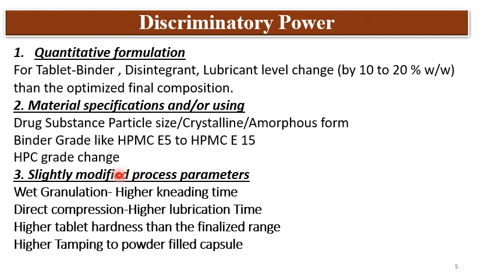Slightly modified process parameters means, for example, in wet granulation, higher kneading time, higher solvent uptake. For direct compression, it will be higher lubrication time, higher hardness of the finalized tablet than the optimized ranges, or higher tamping for the powder-filled capsule.